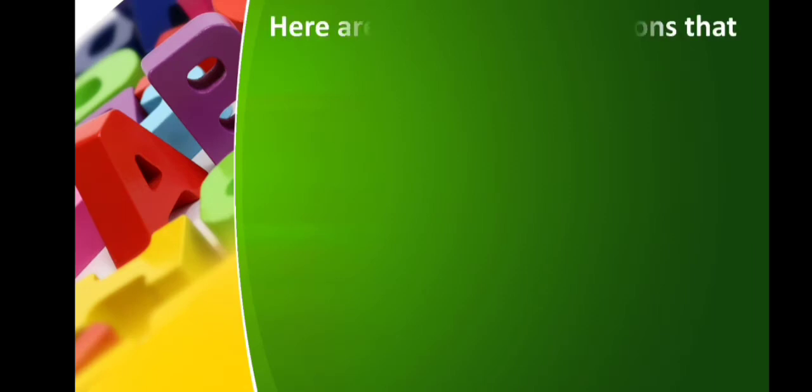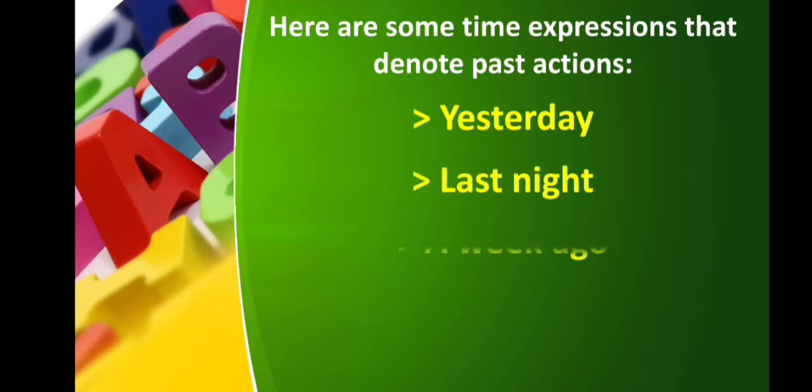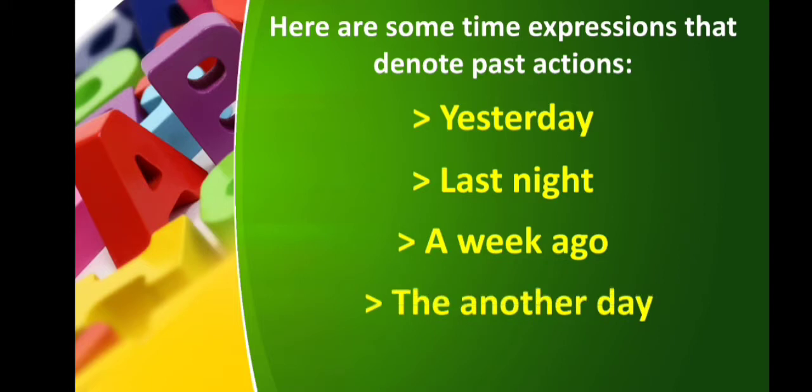Here are some time expressions that denote past action, which are yesterday, last night, a week ago, the other day, and this morning, etc. These are some expressions which denote the past action.